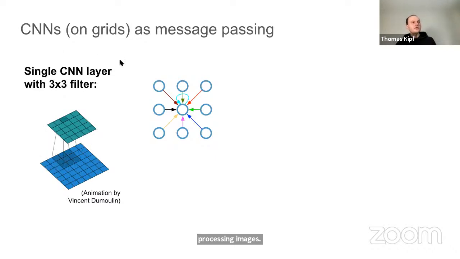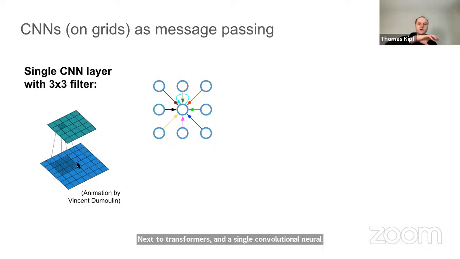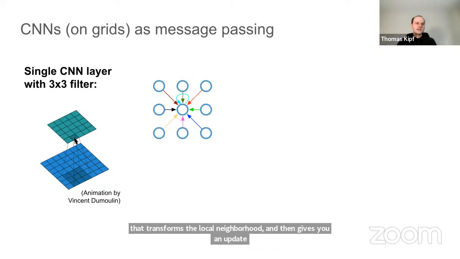And a single convolutional neural network layer usually does the following. You swipe it over an image, and for every location, you have, for example, a 3x3 filter that transforms the local neighborhood and then gives you an update for the center pixel in the next layer.